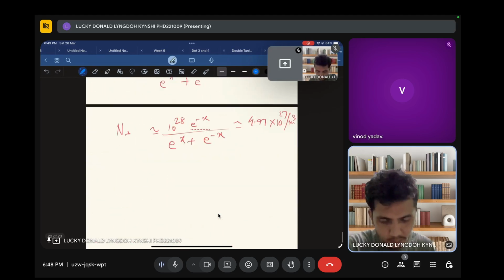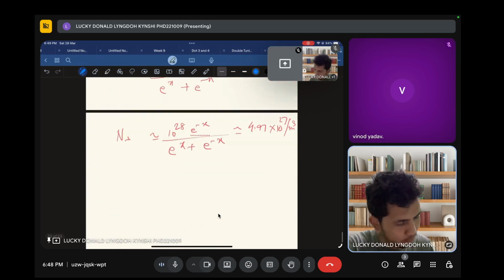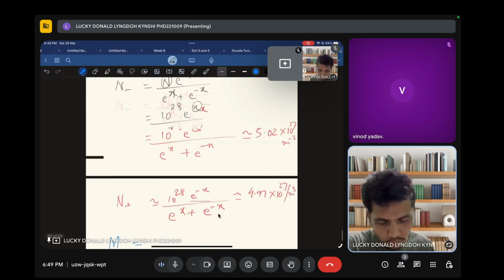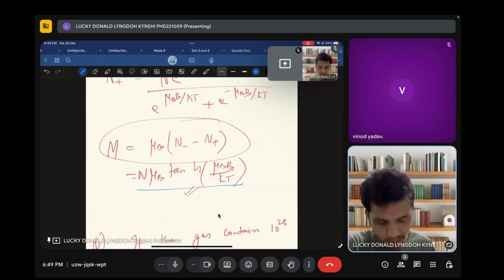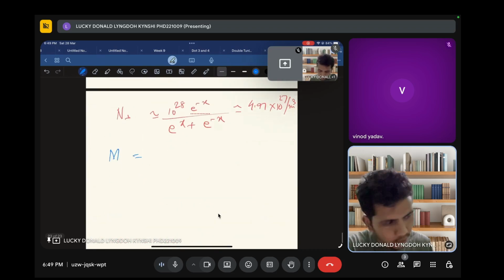And similarly, here you also have to calculate the magnetization. Magnetization is n μB tanh of μB by kT. That means if I want to write in terms of x, we get n μB tanh of x.